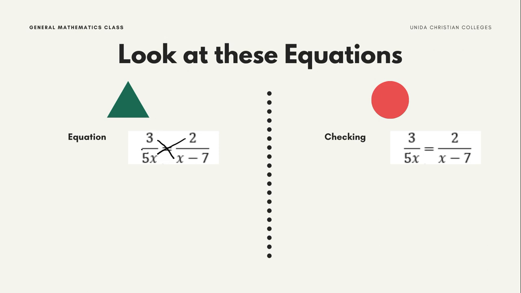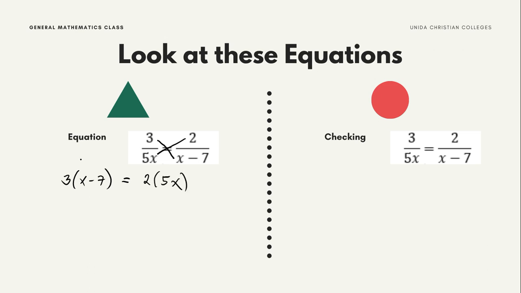Yung una nating ilalagay is yung equation na kasama ng ating first or numerator po sa left side. Okay? So, sulat na natin siya. This will become 3 multiplied by x minus 7, since that is cross multiply. And then copy the equal sign. We have 2 times 5x.